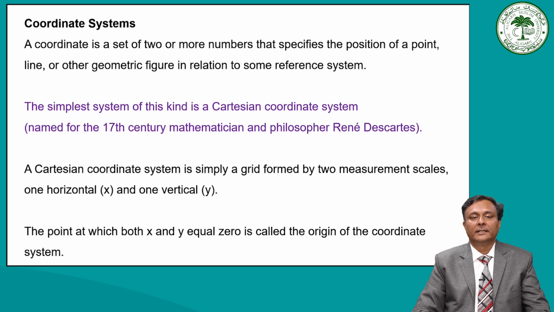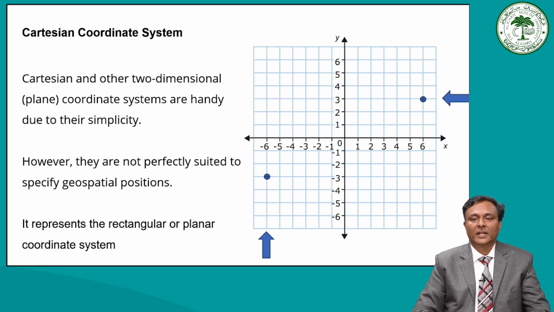Again, I would say a good example of it is the graph paper. When we draw any two-dimensional graph, the representation resembles the Cartesian coordinate system. In this figure, the origin 0, 0 is located at the center of the grid, and all other positions are specified relative to the origin.